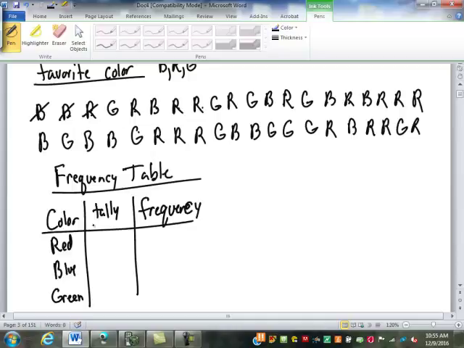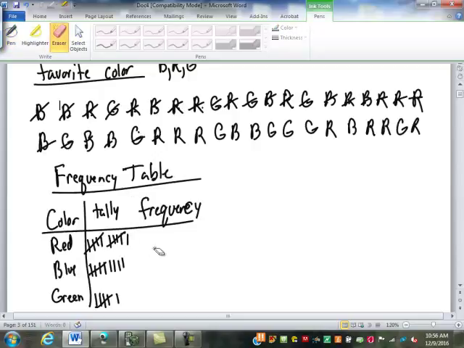I got blue, red, green, red, blue, red, green, red, green, blue, red, green, blue again, red, blue, red, red, blue, green, blue, blue, green, red.